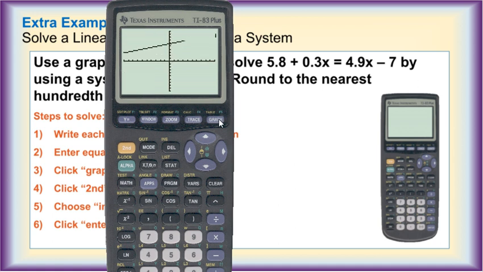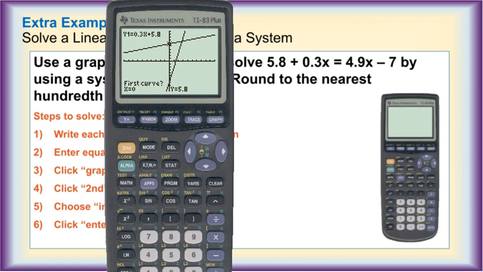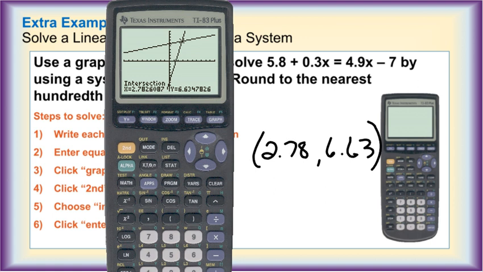Graph that one. Here's the first one. Here's the second one, crosses here. So I hit second trace. Number 5. Hit enter 3 times. 2.78. And our y would be 6.63. And that would be our solution of where the two lines meet. That is our lesson on solving systems of equations graphically.